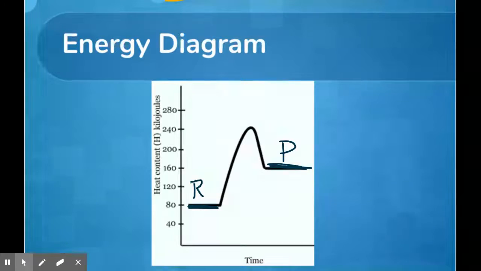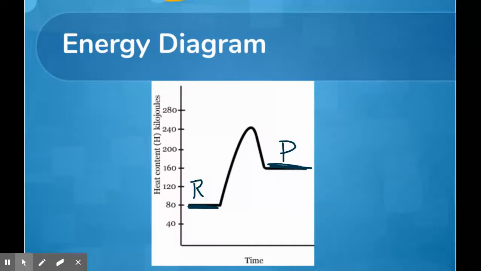Whether a reaction is endothermic or exothermic, it always takes an input of energy to get the reaction started. It just is about how much energy needs to be put in versus how much energy is given off by the reaction.